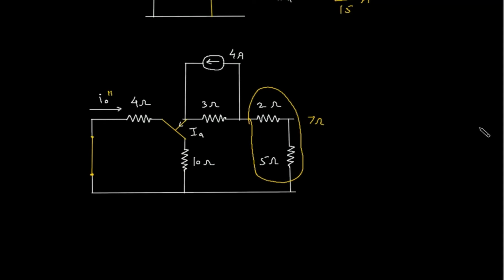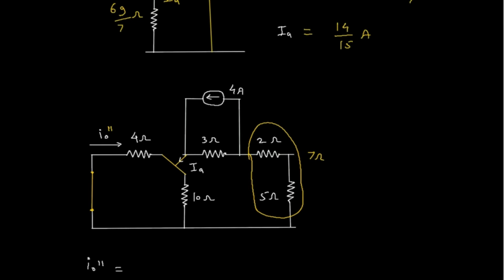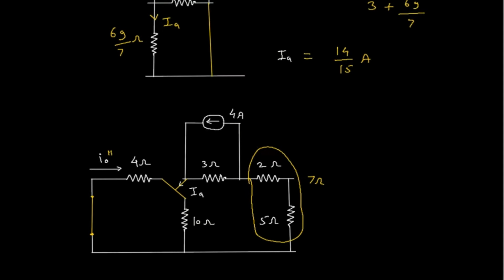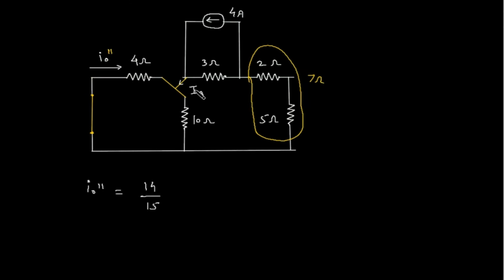So from this, for IO double prime, we will apply current division rule. So IO double prime is equal to this current, 14 by 15, which is the value of IA, into opposite branch resistance, which is 10 ohm, by 10 plus 10 plus 4.